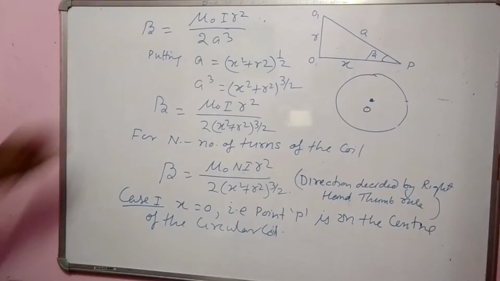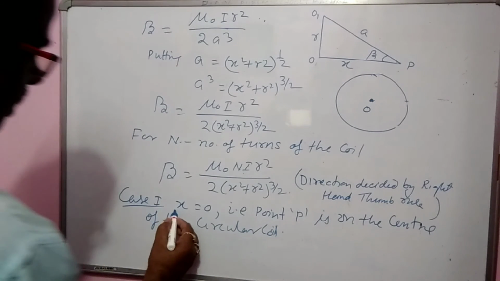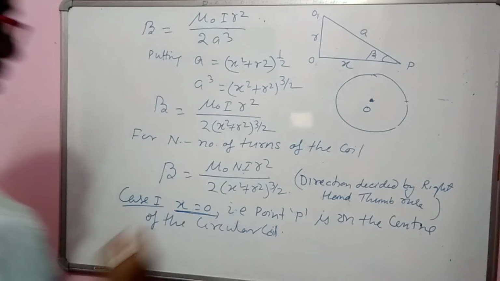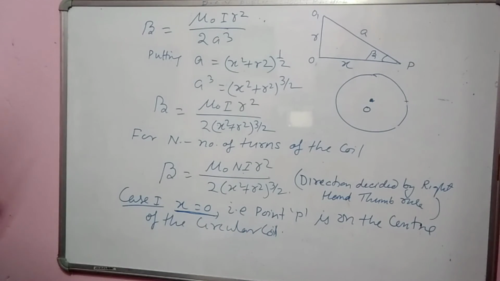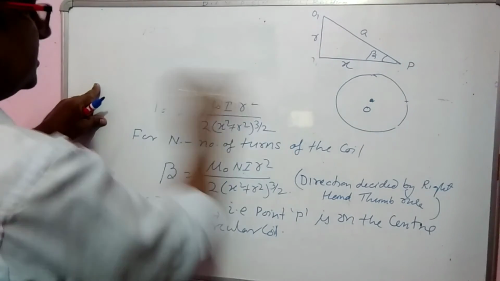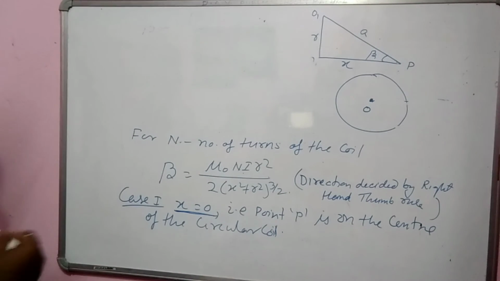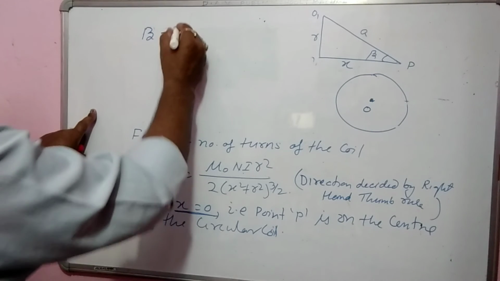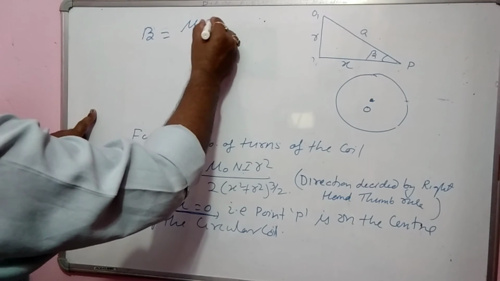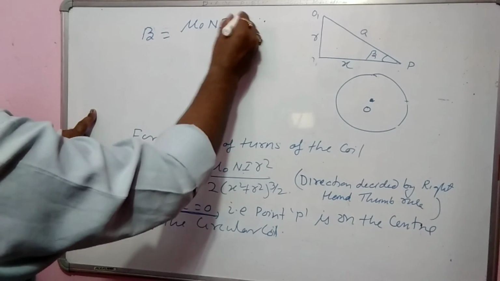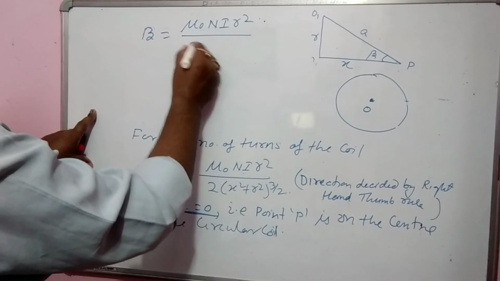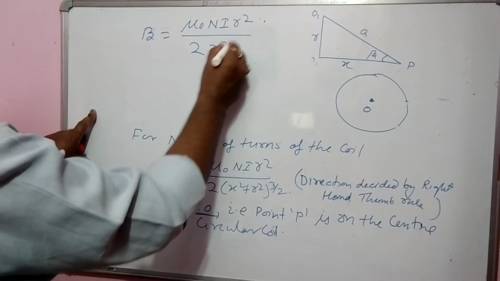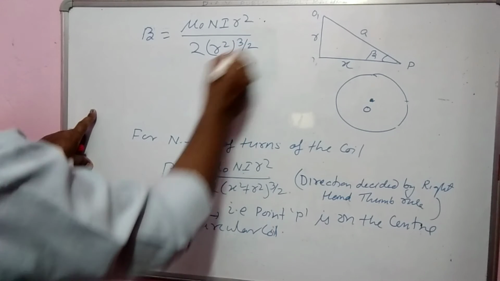What will happen to the magnetic field? Substituting x equal to 0, we get B is equal to mu naught n I r square divided by 2 r square to the power 3 by 2.